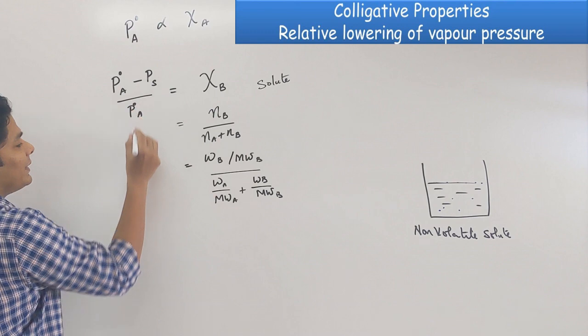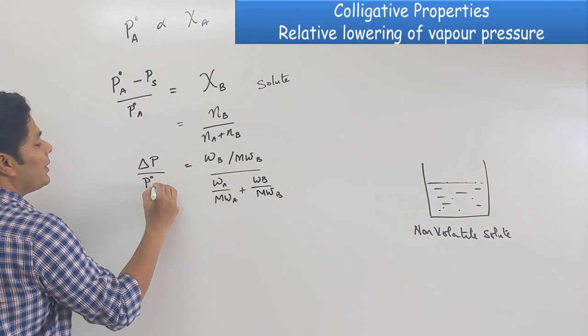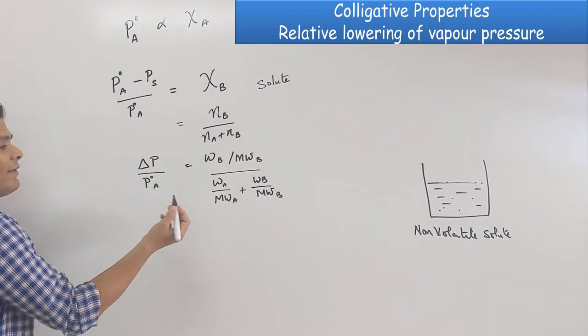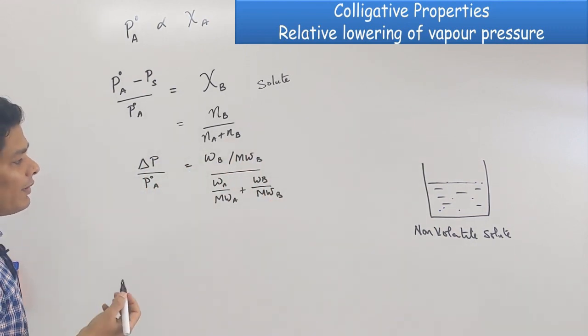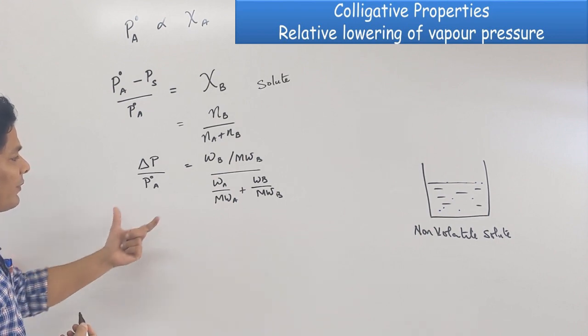I can also write the top portion as delta P, change in vapor pressure, divided by P naught A, relative lowering of vapor pressure. Now in this formula they can have any quantity be unknown by giving you all the other quantities. I can simplify the formula. So this is one way of writing the formula.